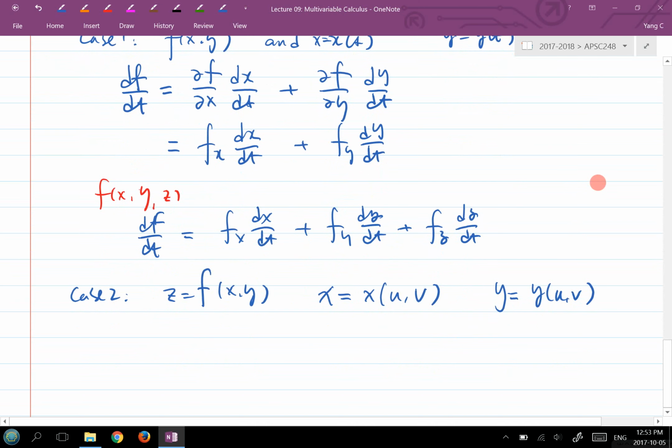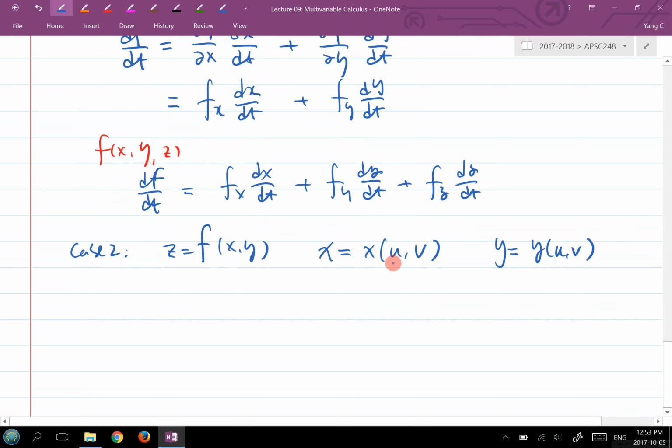Okay, so let's take a look at the second case. For this type of multivariable function, where x is another function of u and v, if we're looking for partial f over partial u, then the chain rule here will be partial f over partial x, and then partial x over partial u.